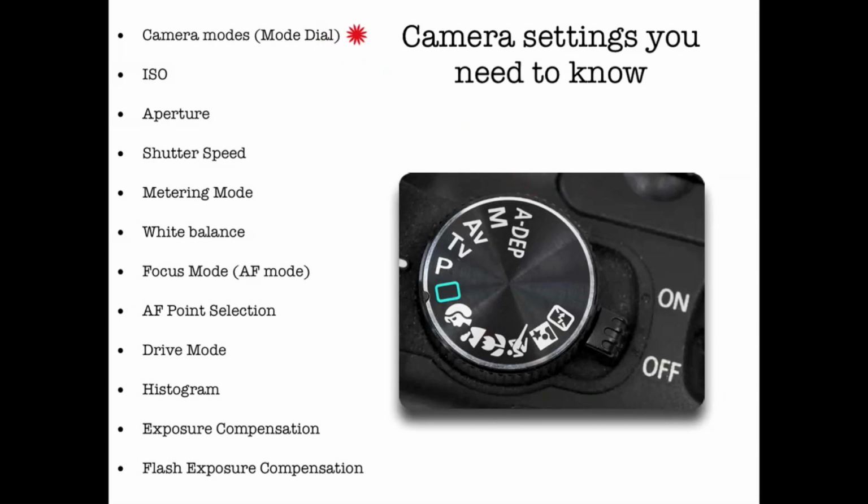We're going to look for the camera modes, the ISO, aperture, shutter speed, metering mode, white balance, focus mode, your AF point selection, drive mode, the histogram, exposure compensation, and flash exposure compensation.